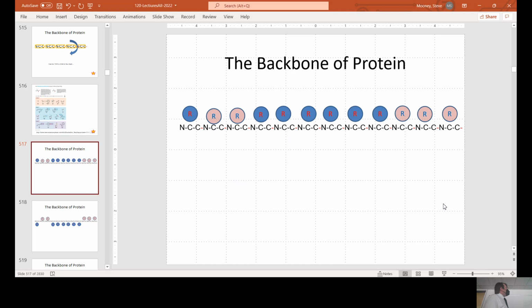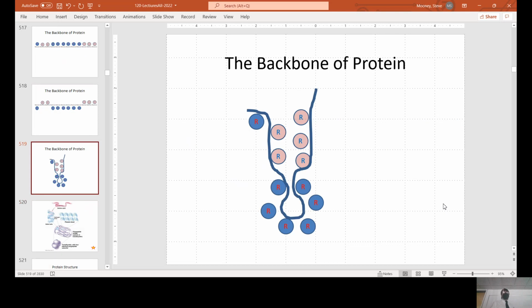So we can have the different R groups bending in different directions. Those pink ones are going to try to get away from water. They're going to try to hide from the solution that surrounds that protein. The R groups that like water will say, hey, I like being around water, and they're going to go out to meet it. So that straight line starts to bend.